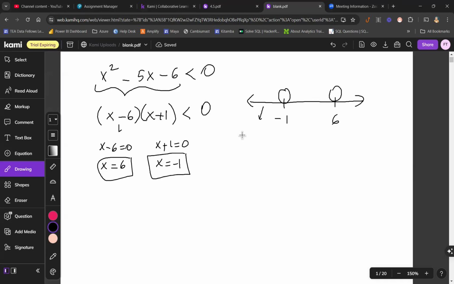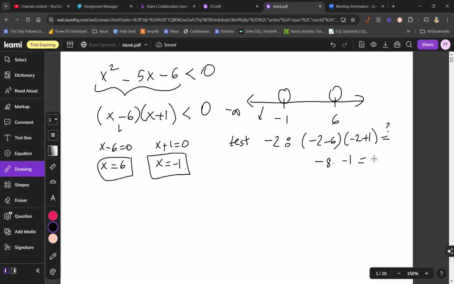Now, we're going to test a number between negative infinity and negative 1. Any number is good to test. I'm going to go ahead and choose maybe negative 2. When I test negative 2, I plug it in here: negative 2 minus 6, and then negative 2 plus 1. When I calculate the sign, this is negative 8, and this is negative 1.